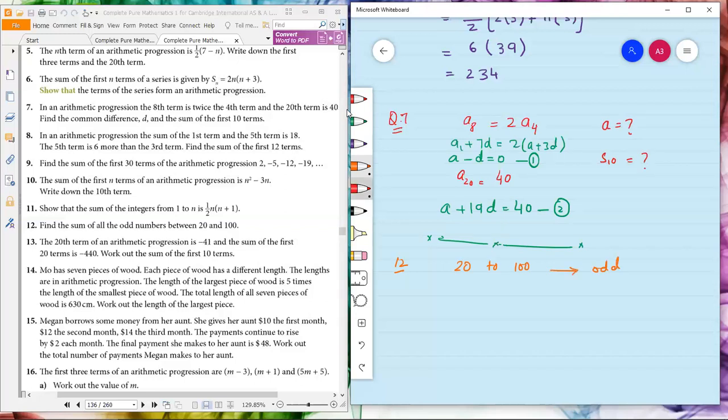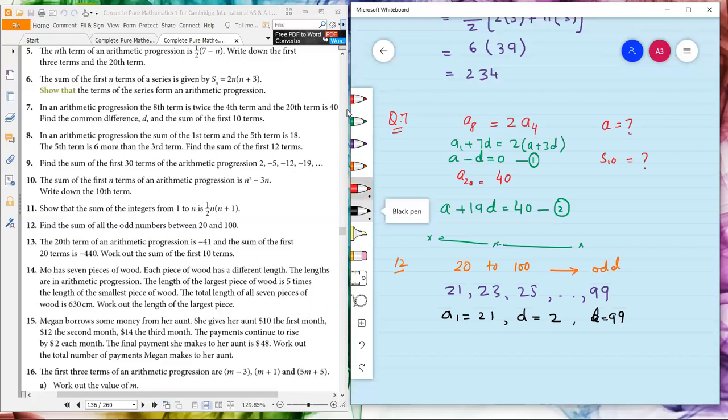Yeah, so first write down the sequence. It would be 21, 23, and 25 and so on, and the last term would be 99. We have to find the sum. It means the first term A is 21, D is 2, and the last term L is 99.